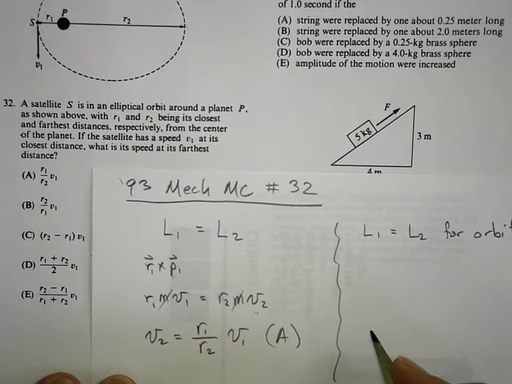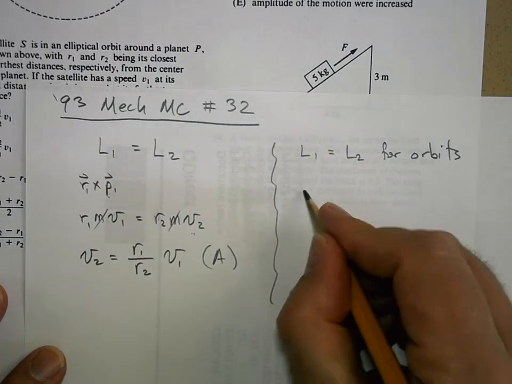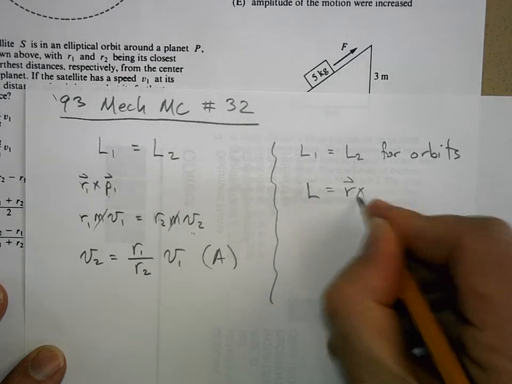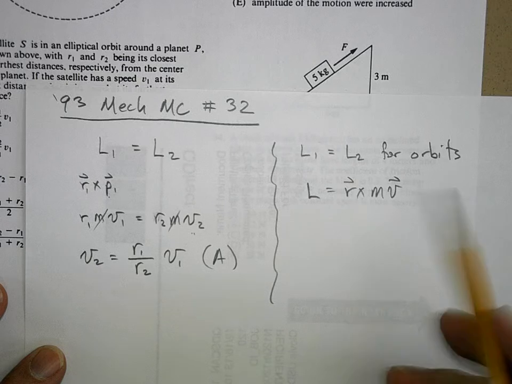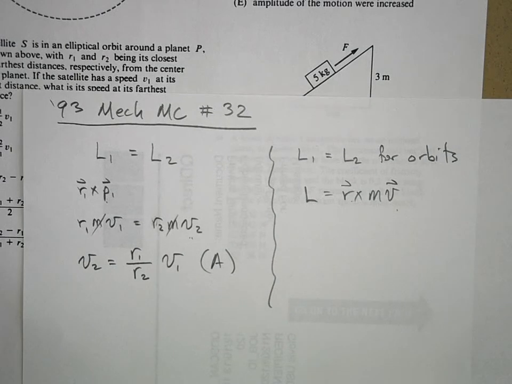And another big idea: what is L? R cross P. Or I'll just go MV, it doesn't matter. And what else do you need to know? How to deal with the cross product here, but that's implied there.